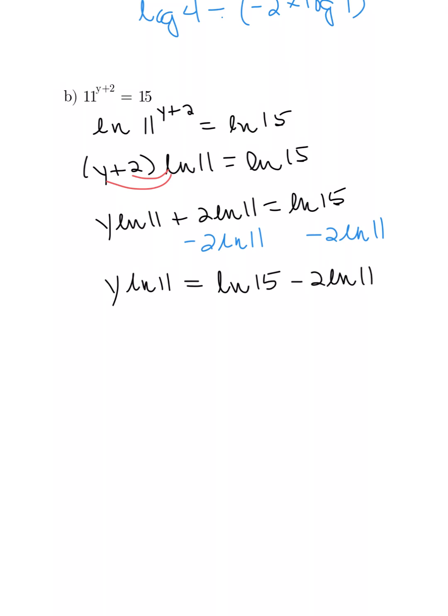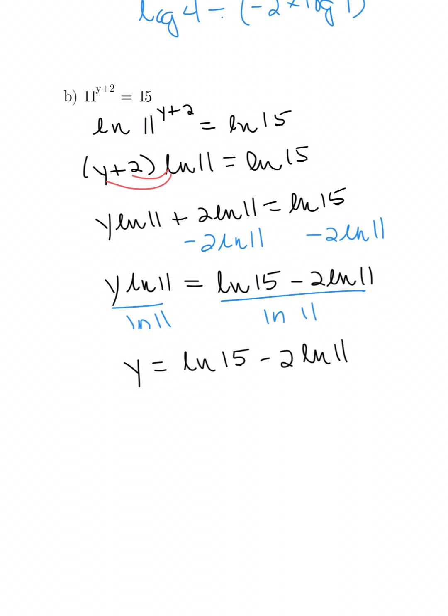To get the y by itself, we're going to divide both sides by natural log of 11, which gives us an equation of y equals natural log of 15 minus 2 natural log of 11 over natural log of 11. This is the exact answer.